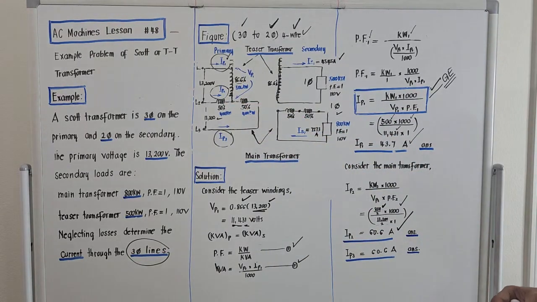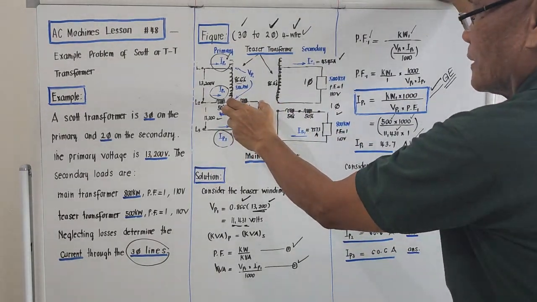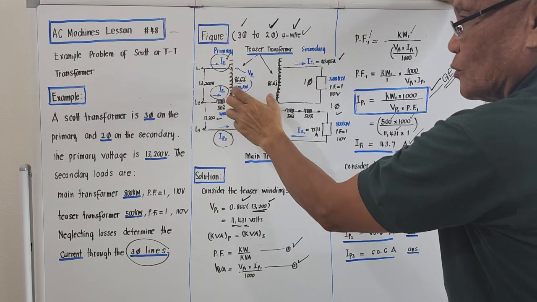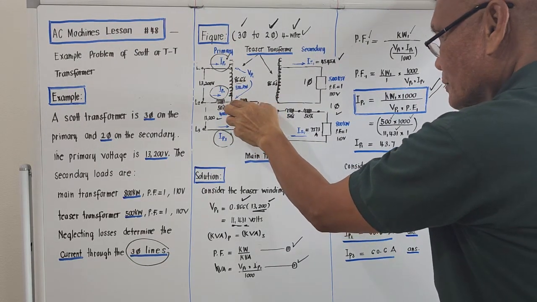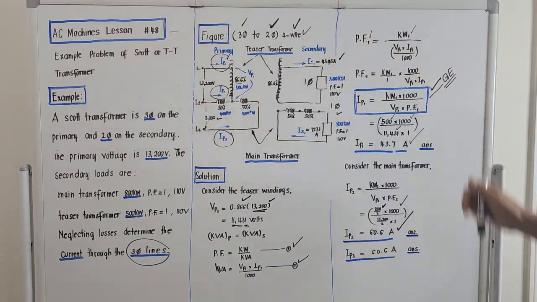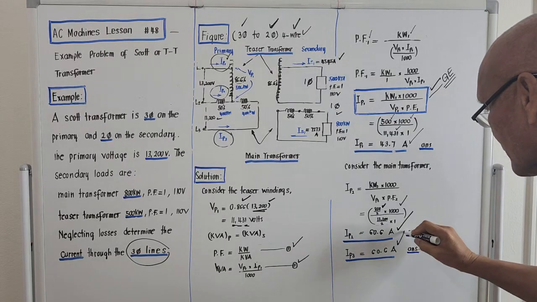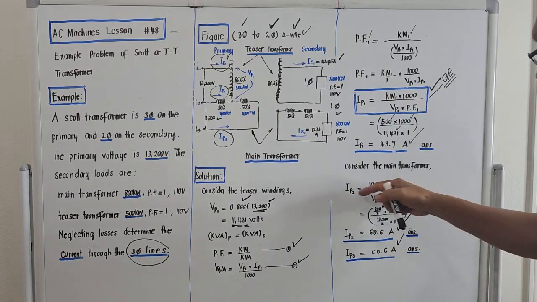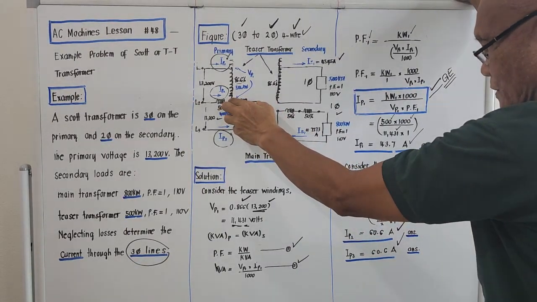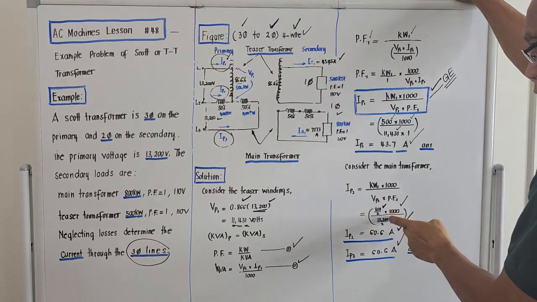And again, if we try to compute for the current passing here, it will be the load carried by this one. Then we use the voltage across it also, but they are equal. IP3 will still be equal to 60.6 amperes. Because if we use this formula, the load carried by this winding here will be 50% of 800 kilowatts, so still 800 over 2.